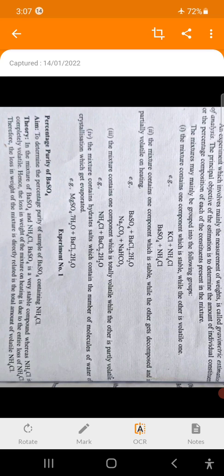If we give strong heating to this mixture in a specially supplied glass crucible, which is made of special glass that sustains temperature up to 400, 500 degree Celsius, and in that crucible we place a known amount of mixture, say W gram, and we heat it strongly for half hour, 1 hour or 1.5 hour.